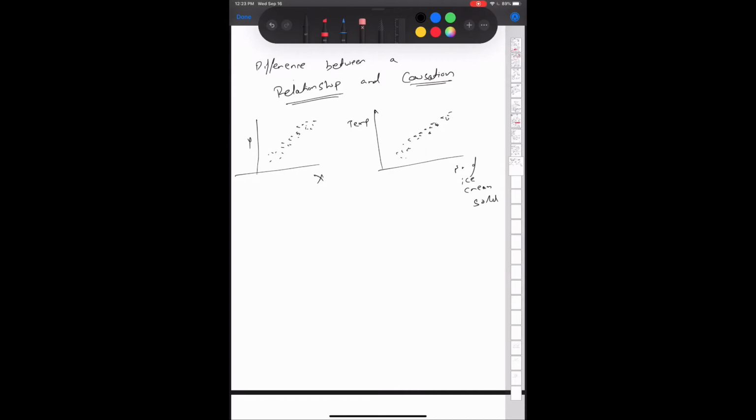There are many other factors that affect the number of sales and the temperature, and they have nothing to do with ice cream, right? So it's important to understand the difference between relationship and causation. Another example: let's say x is the size of vocabulary, and y is the writing speed.